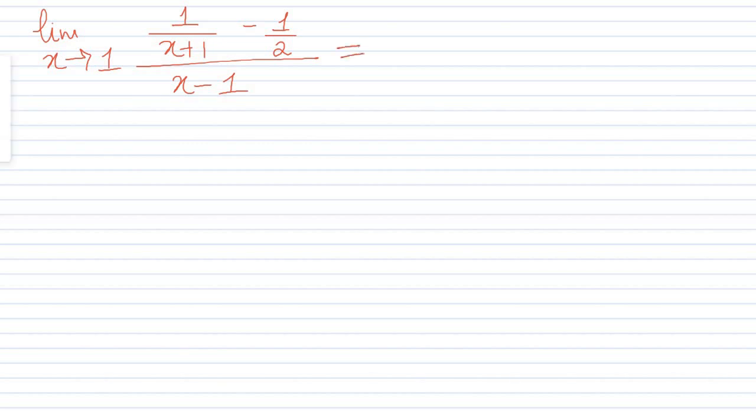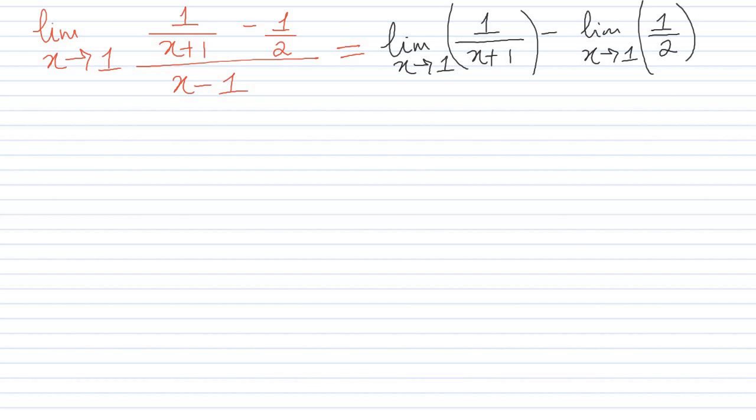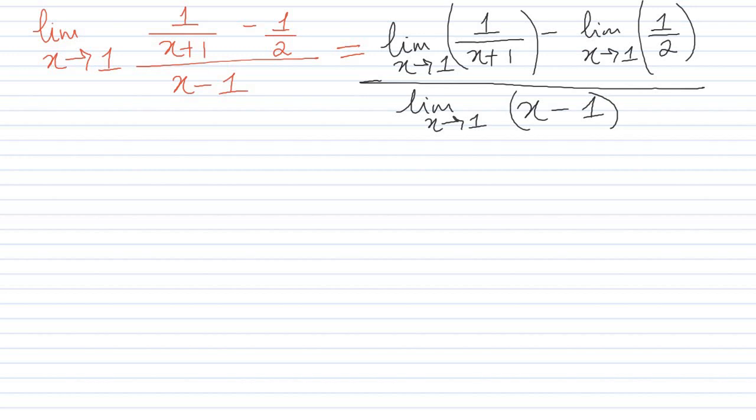So you have the limit as x goes to 1 of 1 over x plus 1 minus the limit as x goes to 1 of 1 half, right? That is what's going on here. And we have the limit as x goes to 1 of x minus 1, right? Now we've basically applied the limit.